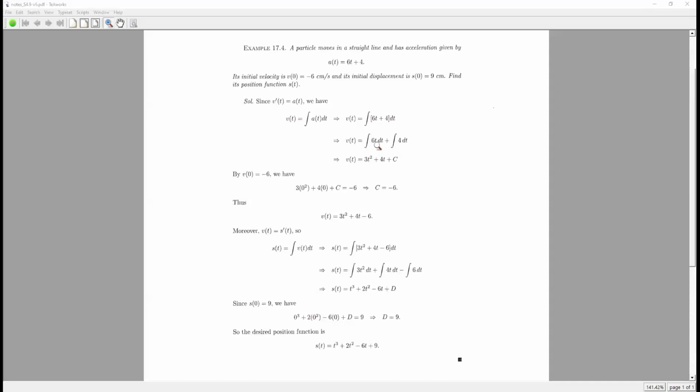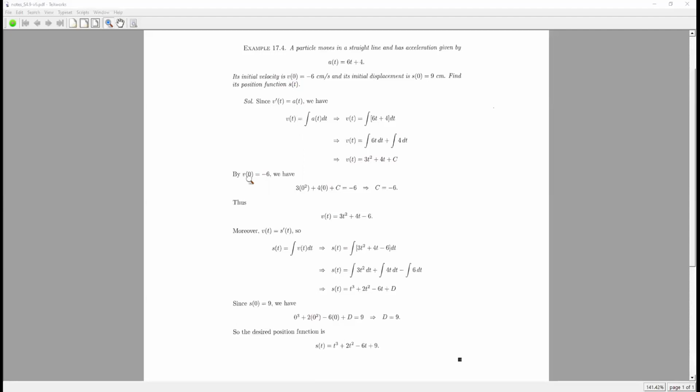The antiderivative of 6t is 3t squared. The antiderivative of 4 is 4t. Then add an arbitrary constant c. This is all the possible velocities.